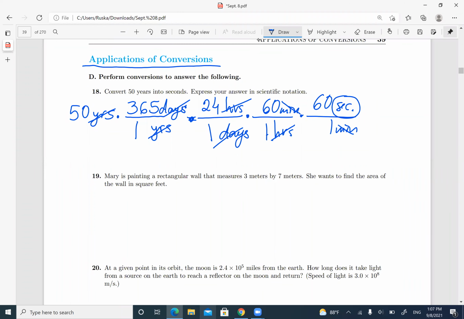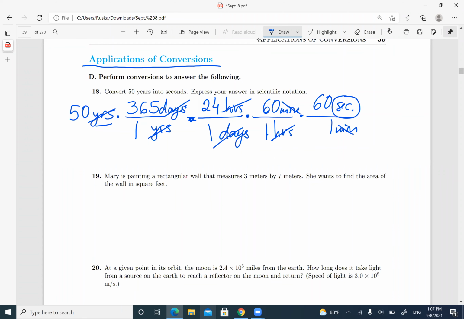So we start with years and we end with seconds. To get the answer, we need to multiply. I'm multiplying 15 times 365 times 24 times 60 times 60.